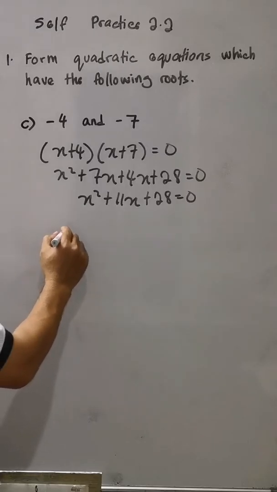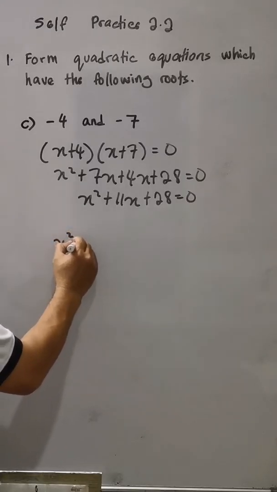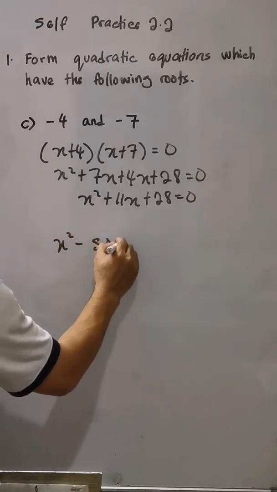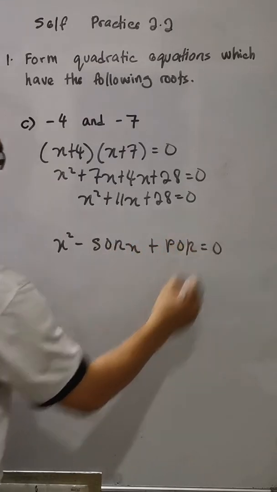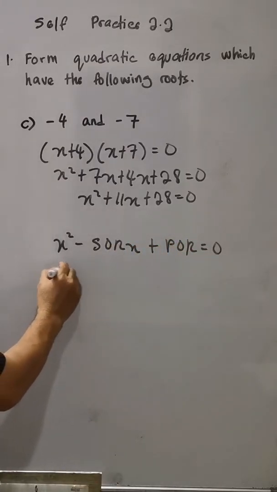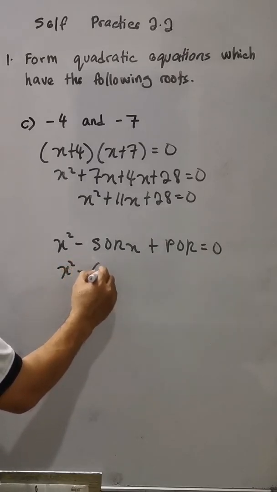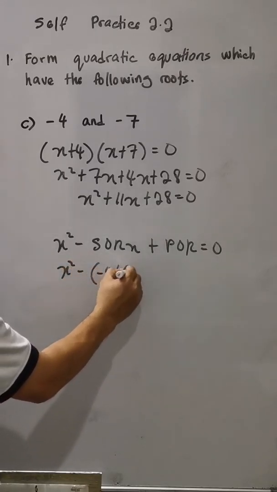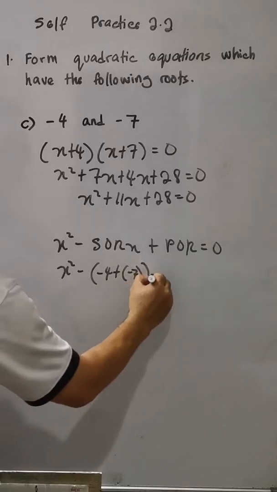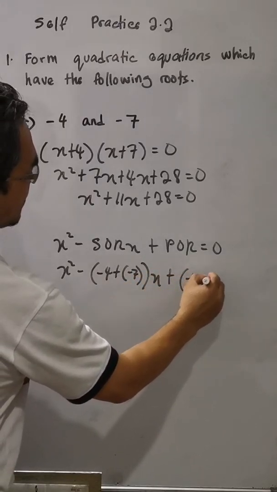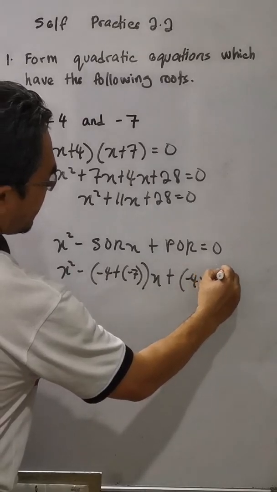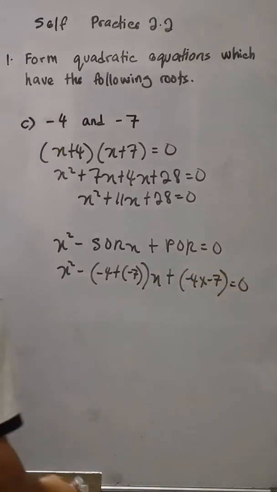Okay, the formula will be x squared minus sum of roots x plus product of roots equals 0. So x squared minus the sum, which will be negative 4 plus negative 7, x, plus the product, negative 4 times negative 7, equals 0.